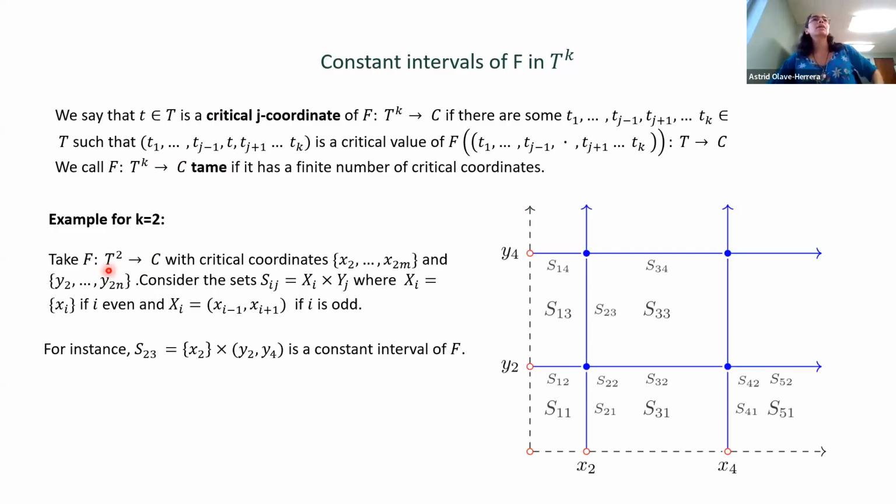So imagine that I have a model. In this particular case, let's say T squared goes to C. So we have critical coordinates, let's say X and Y, the horizontal and the vertical. I'm going to say X4 is critical. And again, I'm going to change it to a pen. It means that if I have a point exactly on that line defined by X4, such that if I go in this direction, that point is critical on that red line that I just drew.